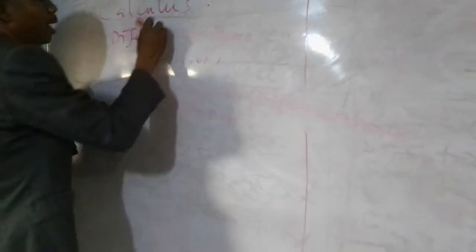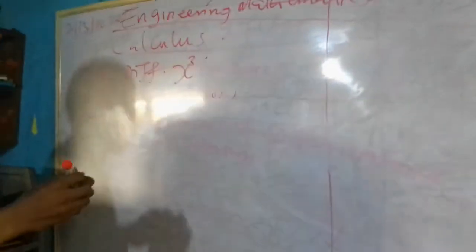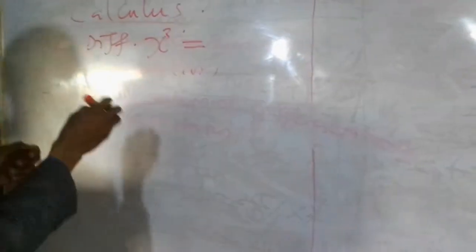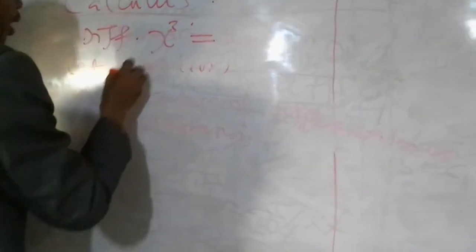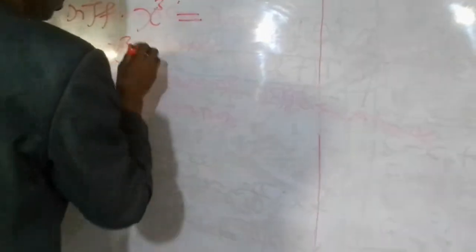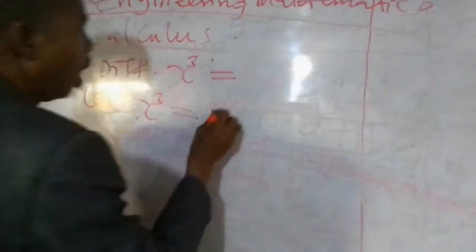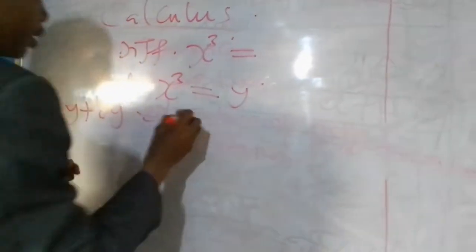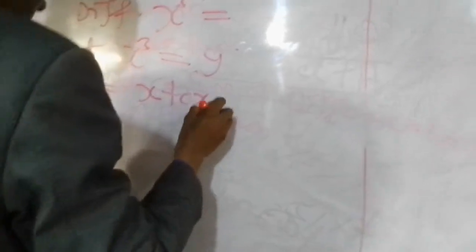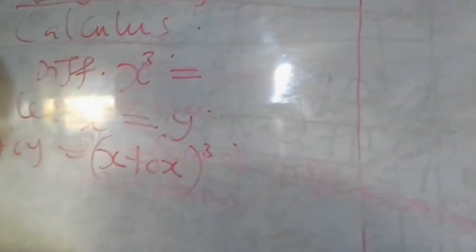For example, differentiate x raised to power 3. Let y be equal to x raised to power 3. Using the first principle, y plus delta y is equal to x plus delta x, everything raised to power 3.